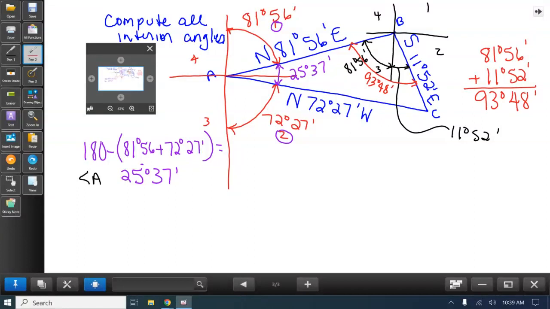And then I'm going to pull this one down because it's kind of hard to see, so I'm going to pull C down.